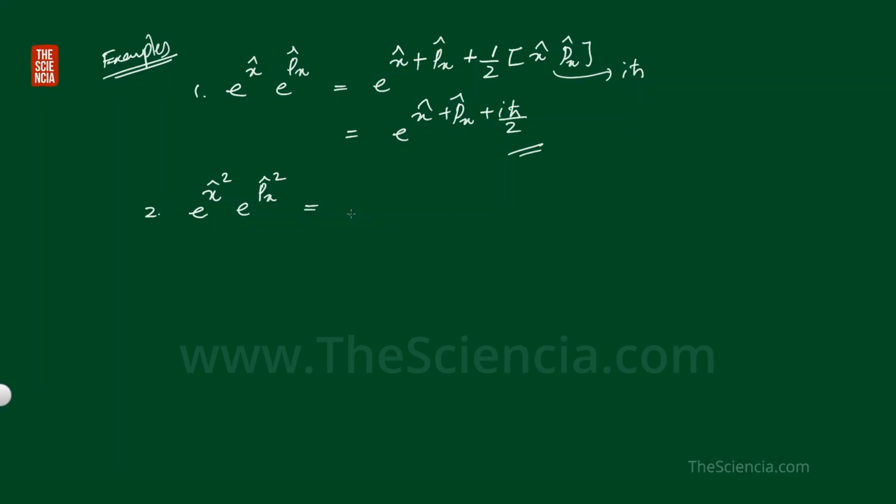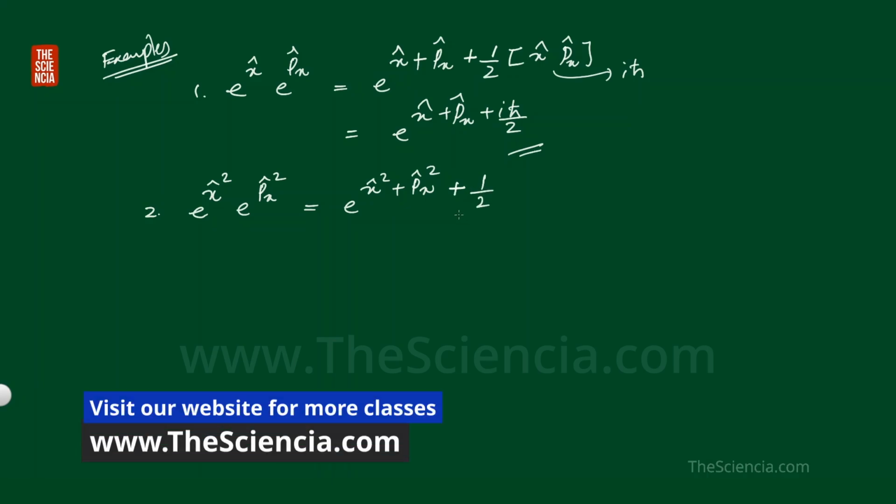So, use the earlier equation, that is e raised to x cap square plus p x cap square. Now, this much is ordinary algebra, but we are dealing with operator algebra, so there will be an additional term, plus 1 by 2 times t. Here t is also 1.